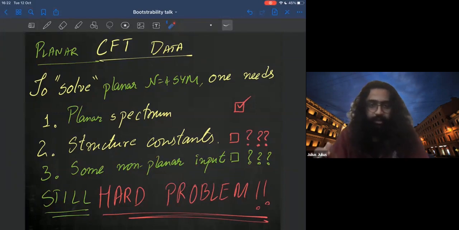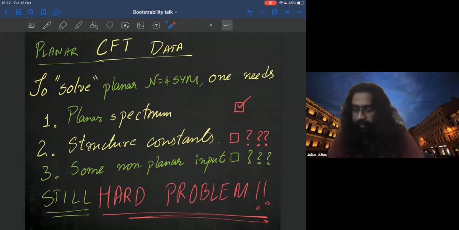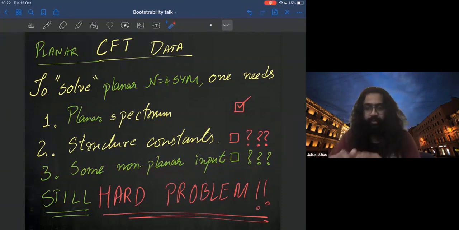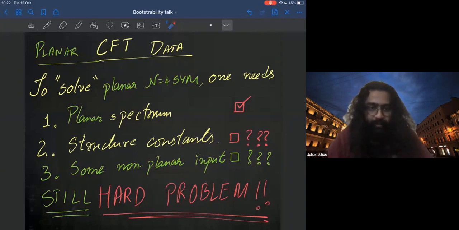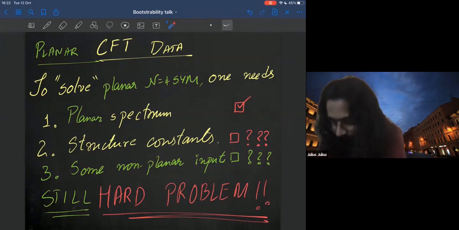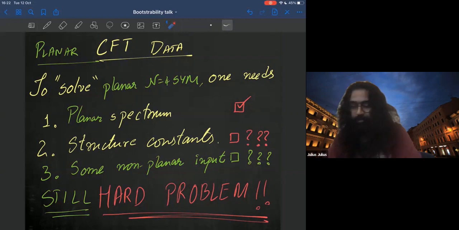So then the next thing we can ask is, okay, is there a way to either bypass this step or not have to think about this step? And it turns out that there is a setup. So if we consider line defects within N=4 super Yang-Mills, actually it is possible to simplify the problem further and actually make some progress, as I will describe in the next step.